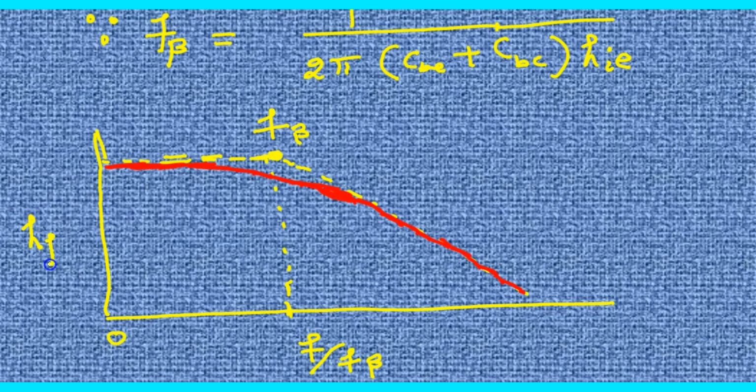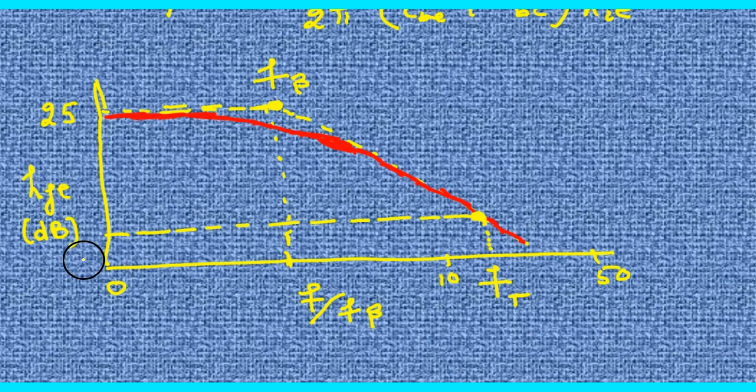Here the forward current ratio in decibel is 0, and here this frequency is called ft. It is 0 decibel.